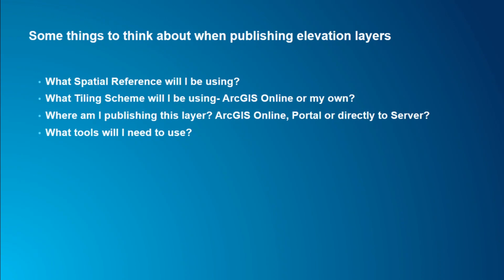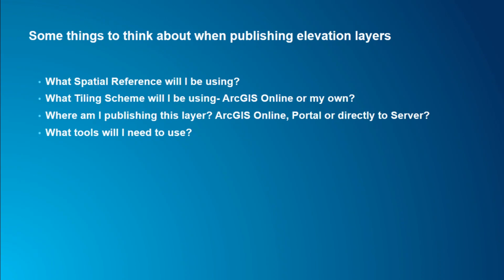In Portal for ArcGIS, you can actually add that elevation layer directly into your scene that you're authoring within ArcGIS Pro and do a one-click publish to your portal, and that'll generate your web scene and also start generating your elevation layer, and depending on the projection, it'll auto-create the best tiling scheme to suit your needs. And then if you're using ArcGIS Server, you can actually publish these elevation layers through ArcMap.